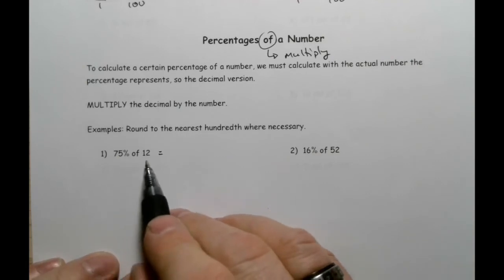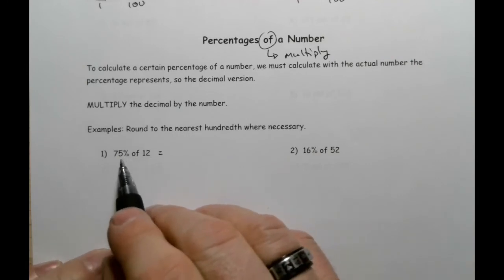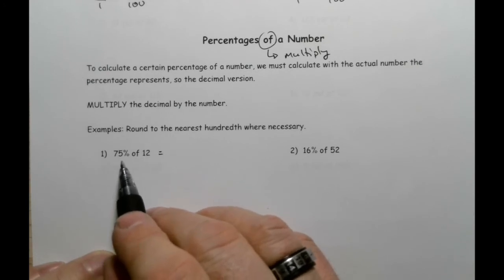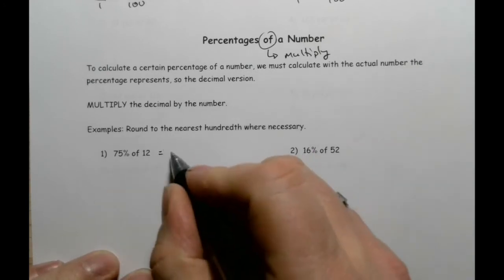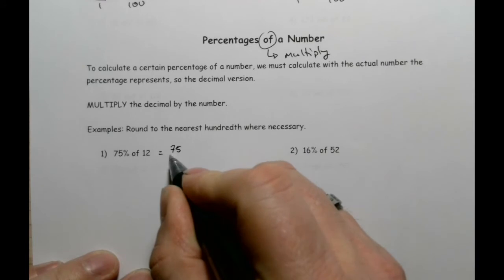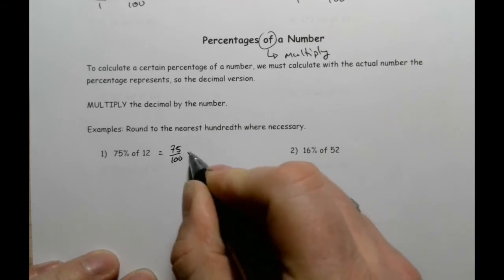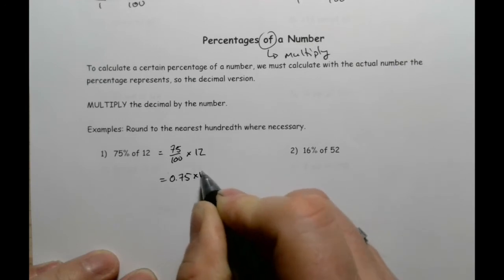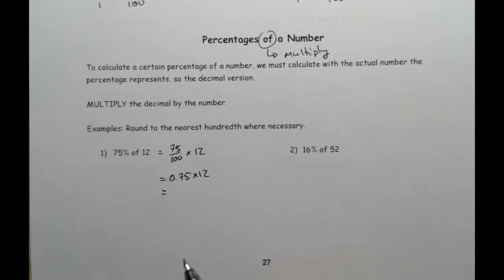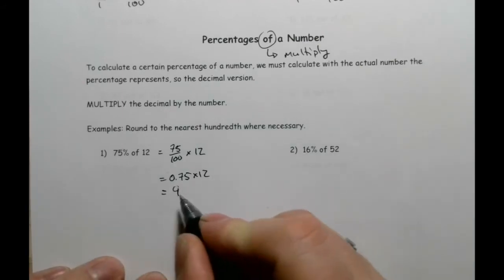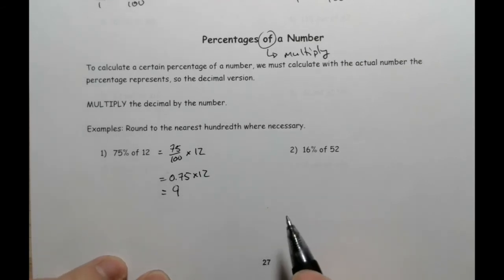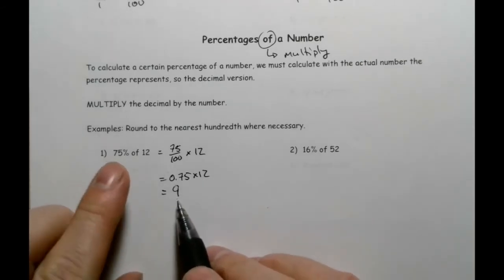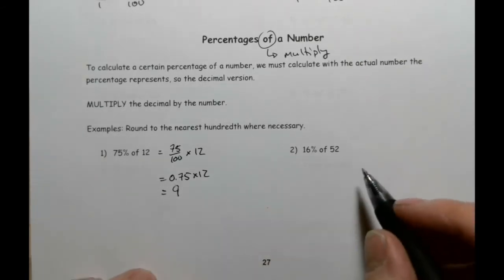75% of 12. So first of all, 75%, that means 75 over 100. I could write it as 75 over 100, and then I'm going to multiply that by 12. Or I could write that as 0.75 multiplied by 12. Either way, on my calculator, I'm going to put 0.75 times 12, and I get 9. So 9 is 75% of 12.